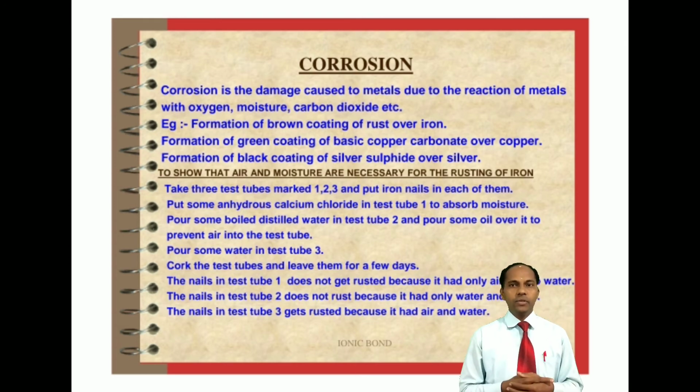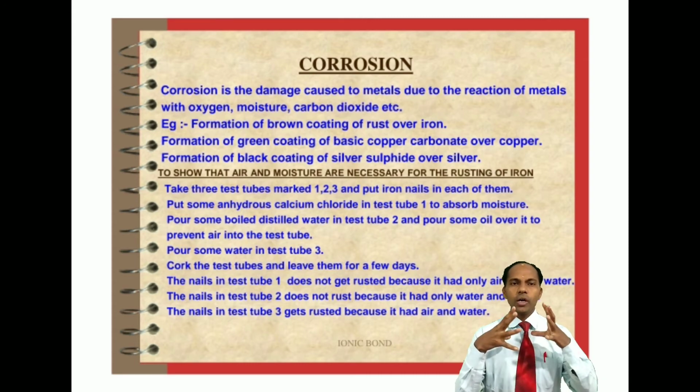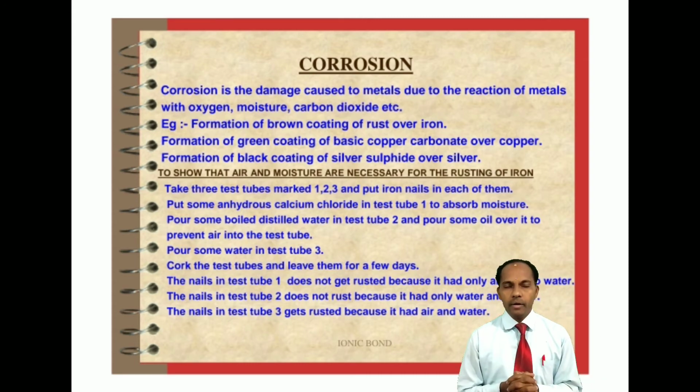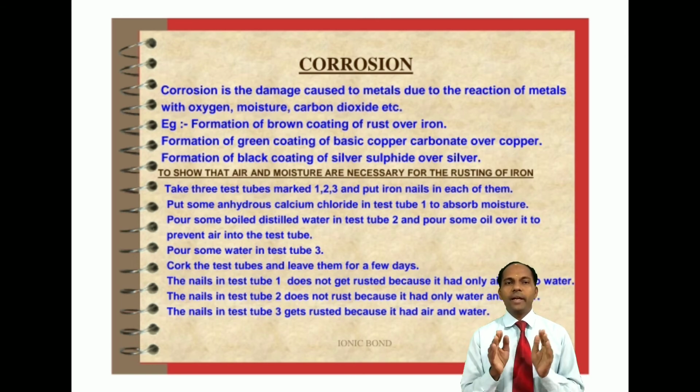In the second test tube, some distilled water is taken, and that is boiled distilled water, so the dissolved air will be released, and above that some oil will be added, so it will prevent air from coming inside the test tube. In the third test tube we add some ordinary water. Cork the 3 test tubes and leave for a day or two.